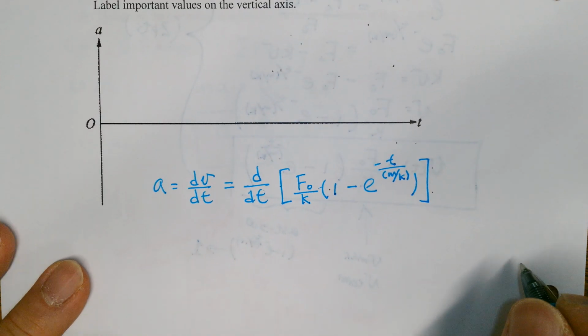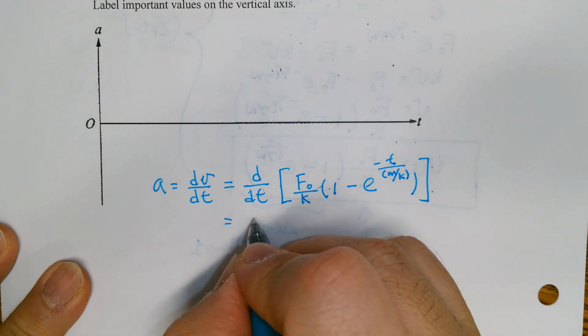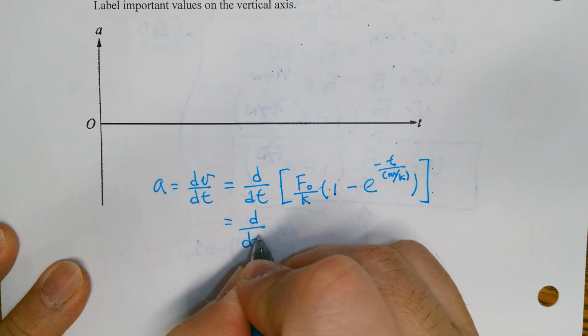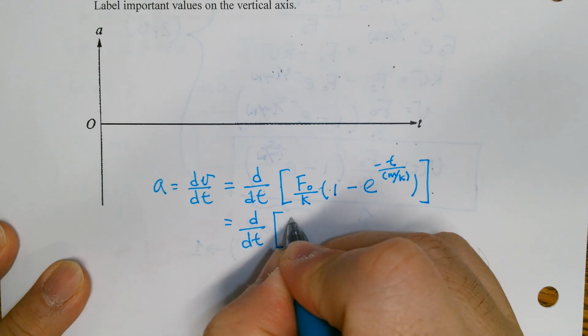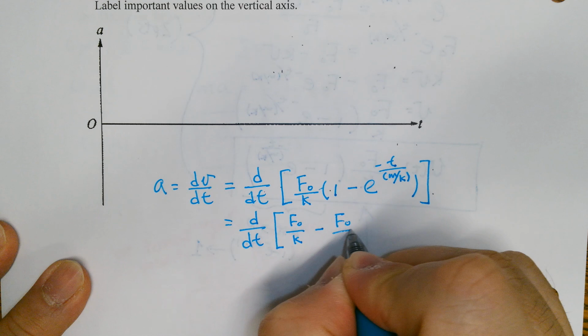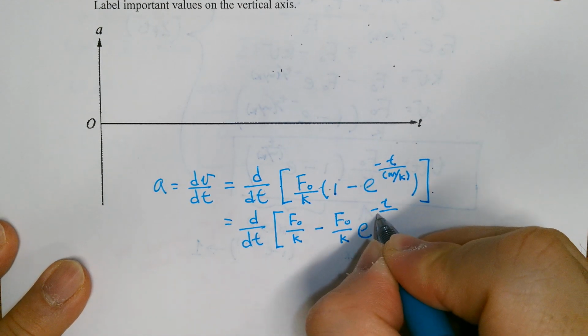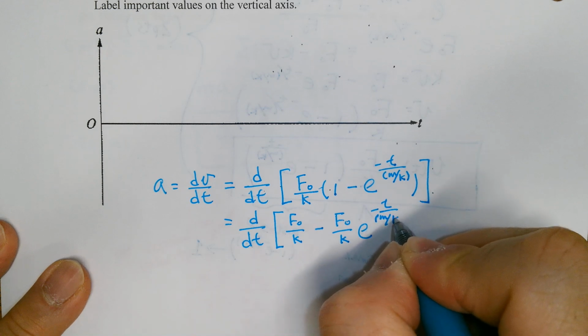If I distribute this through, the derivative of F naught over k minus F naught over k times e to the negative t over m over k.